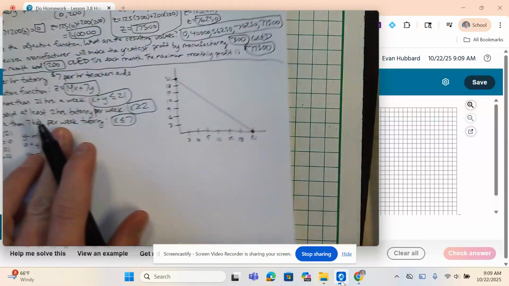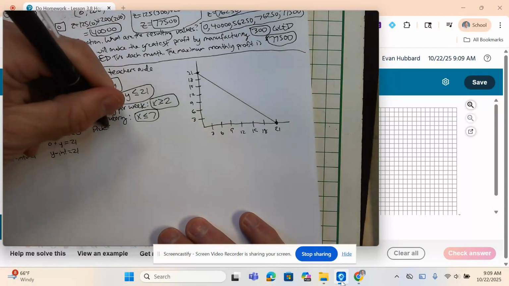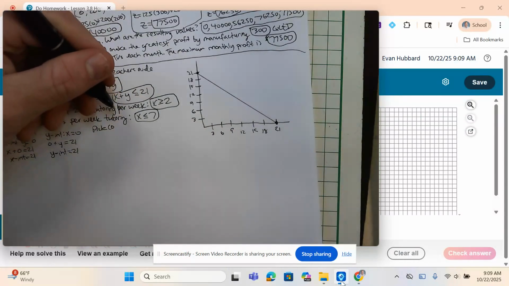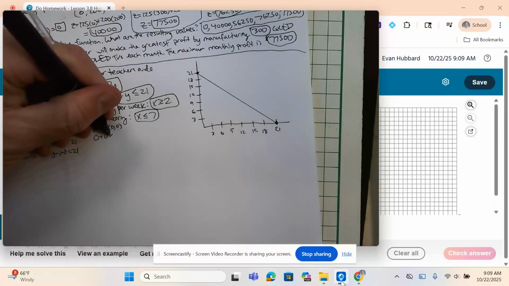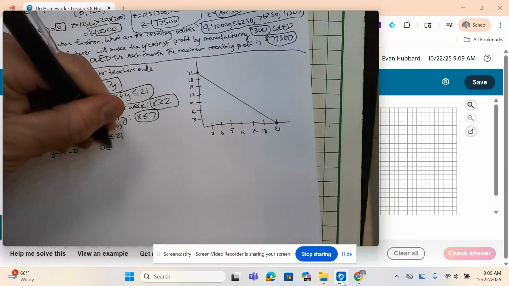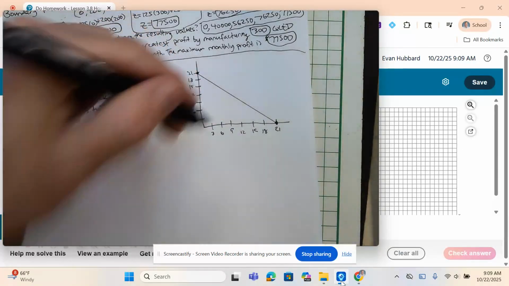Now, where is it going to be shaded? I picked 0, 0. So 0 plus 0 is less than or equal to 21. Is 0 less than or equal to 21? Yes, so you would shade towards there.